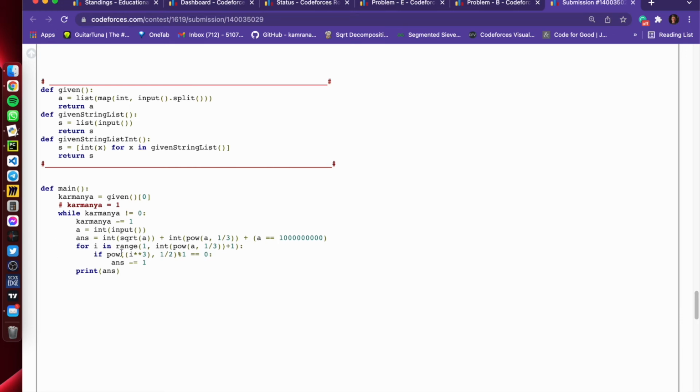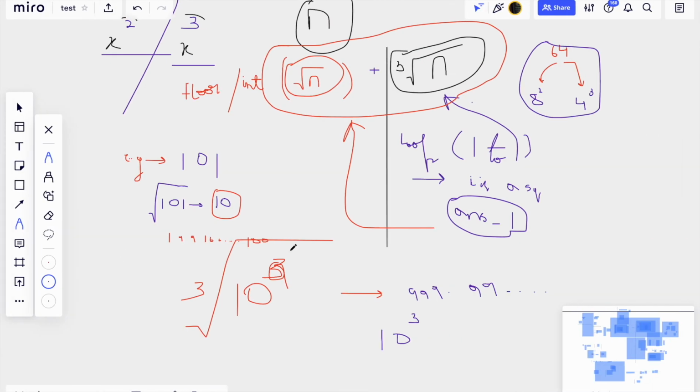And I take the loop from 1 to the cube root of that number plus 1, because in Python the loop goes from 1 to the maximum limit minus 1. If the square root of the cube of that number is divisible by 1, what this means is it's a perfect square.